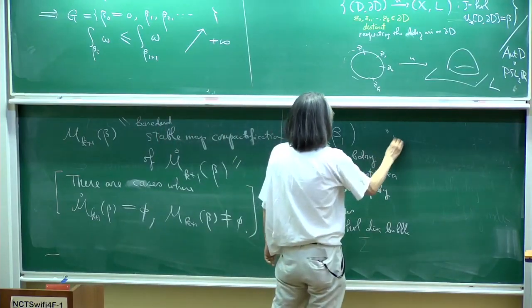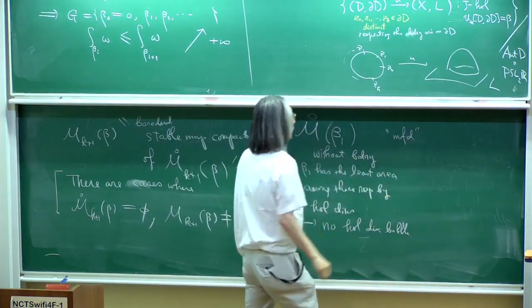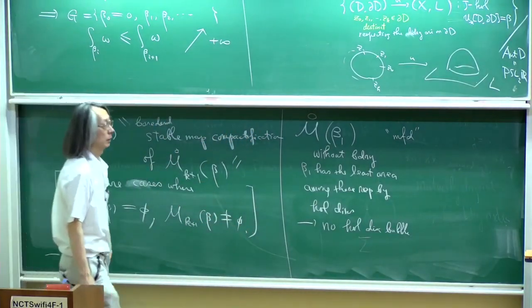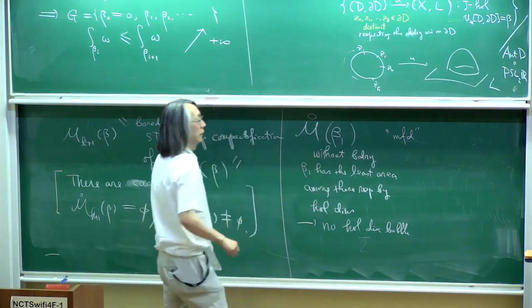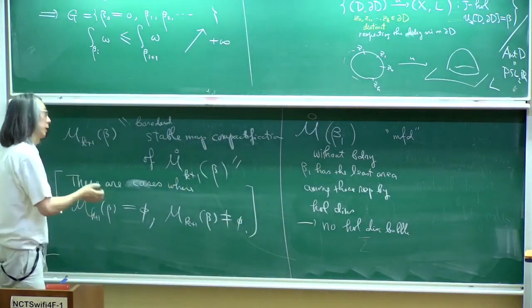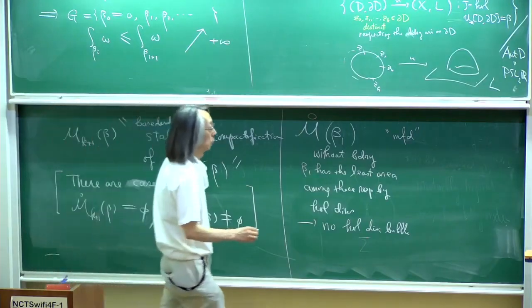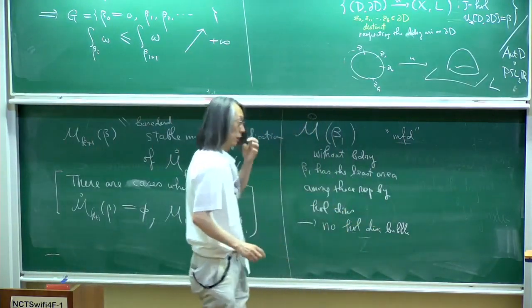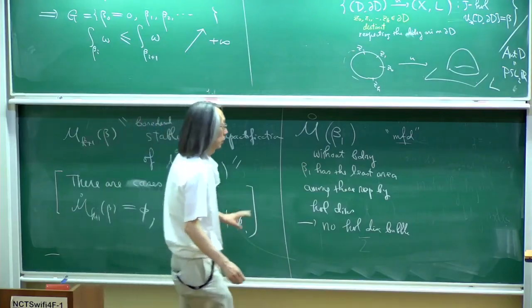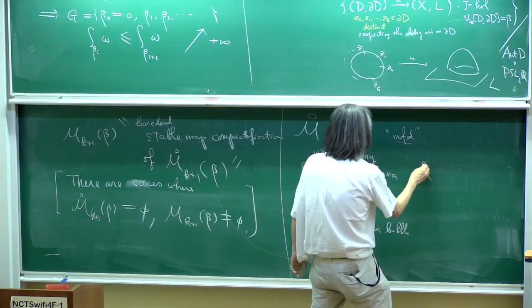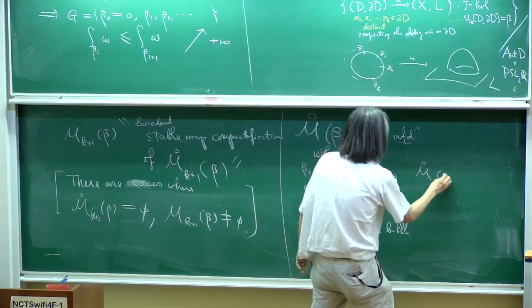Sometimes you can just make it a manifold by picking suitable J, because in this case it is so-called somewhere injective curves, because simple class. So therefore it's a kind of manifold, and so we have M_1^∘(β_1).